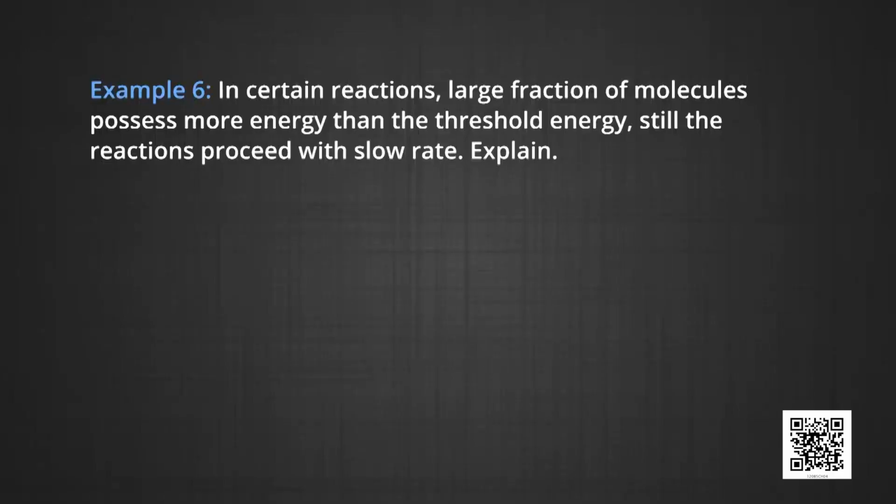Now, I am just taking another example to explain the concept. In certain reactions, a large fraction of molecules possess more energy than the threshold energy. Still, the reactions proceed with a slow rate. Explain.